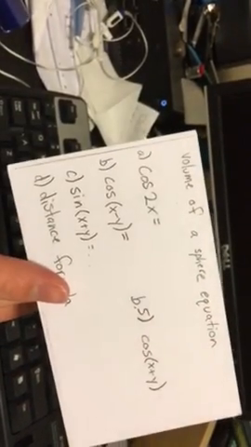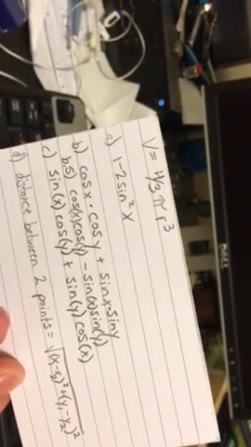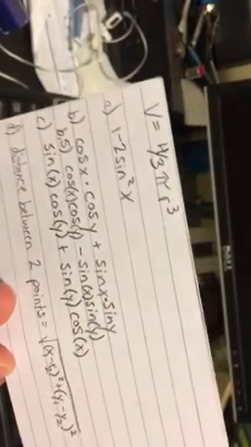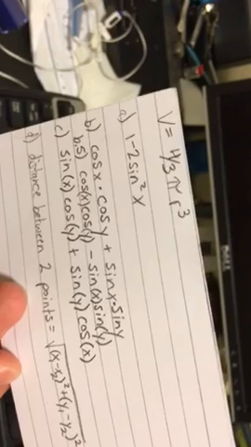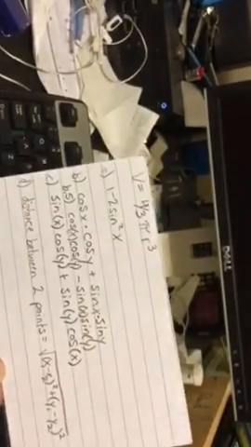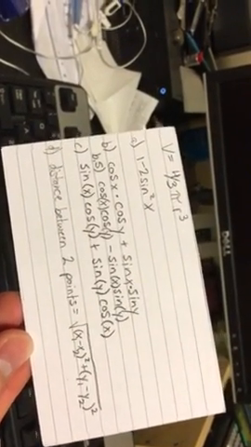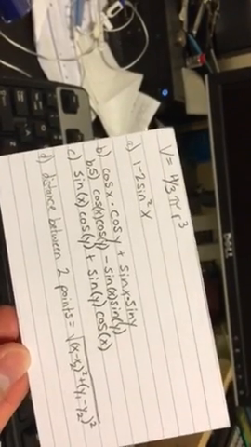Next, we have cosine 2x is equal to 1 minus 2 sine squared x. Then cosine of x minus y is going to be cosine x times cosine y plus sine x times sine y.